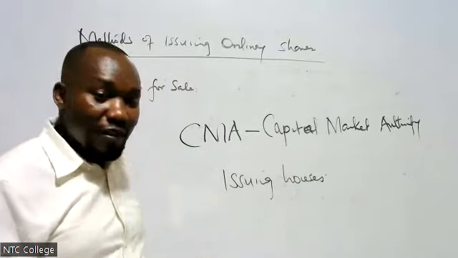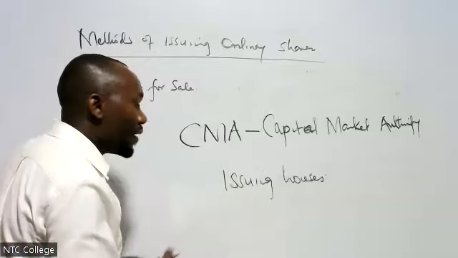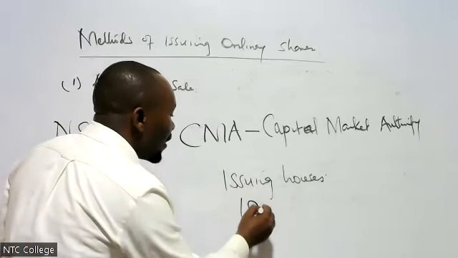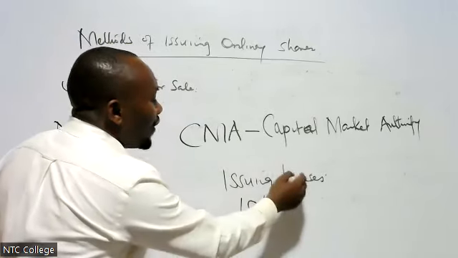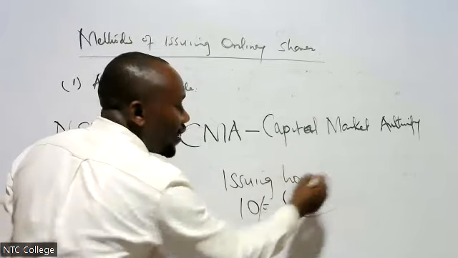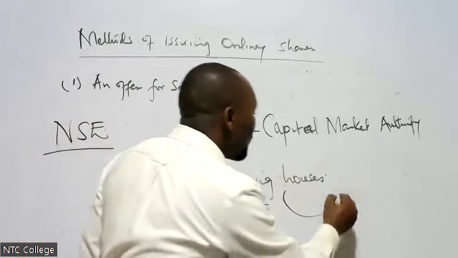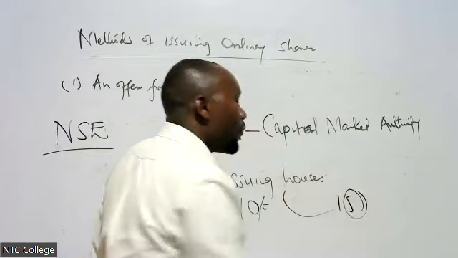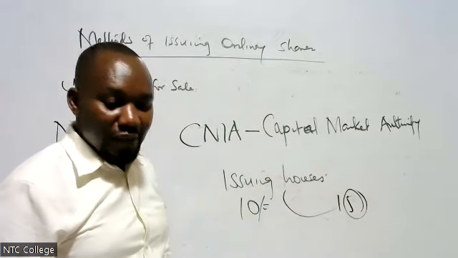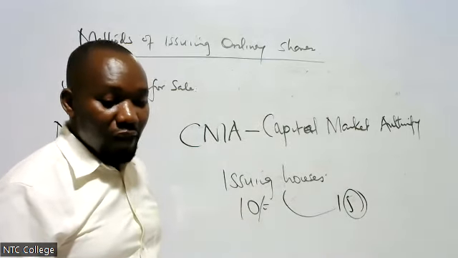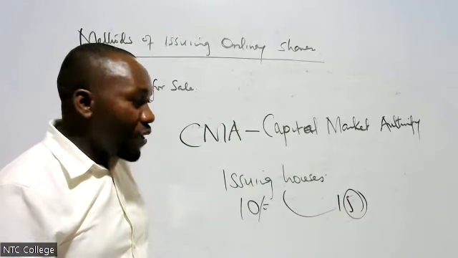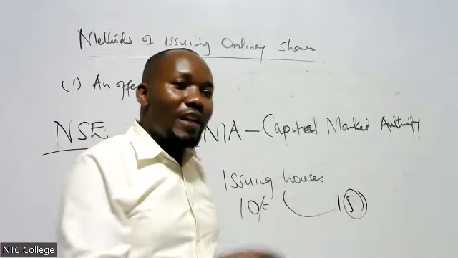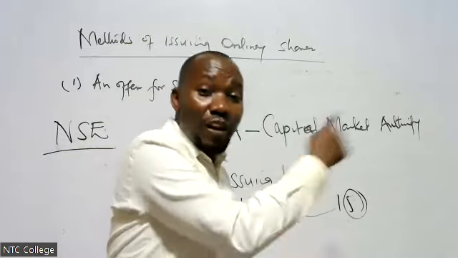So my safest option is to go and sell to them, maybe at 10 shillings each. And then they take it and sell to the public at 15. They make a profit of 5 because they are in the business. We call them issuing companies or houses. So any company that is not popular can go and sell to them, and then they sell to another person.